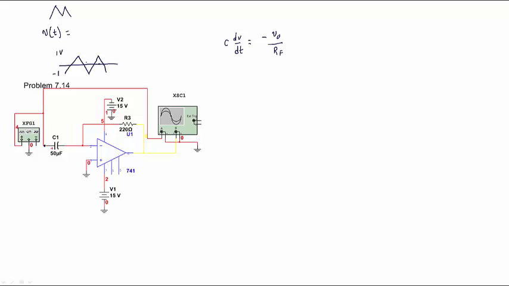So it's 1 volt, 1 volt, and since I was running at 100 hertz, 100 hertz means that the period of this waveform is 1 over 100 seconds, which is 0.01 seconds. So for half of the period, the slope is from here to here.